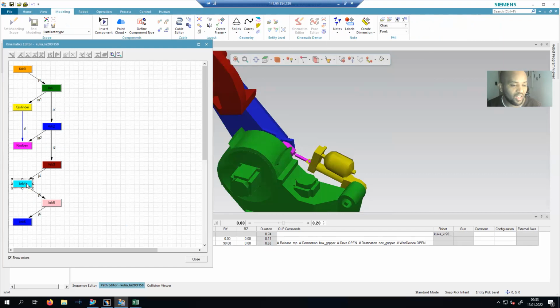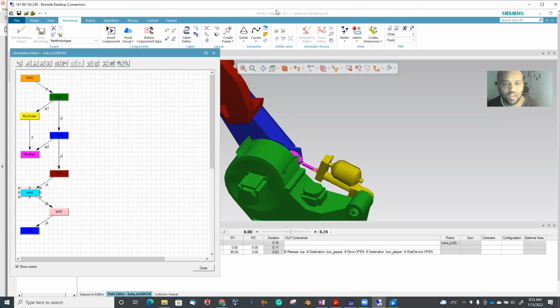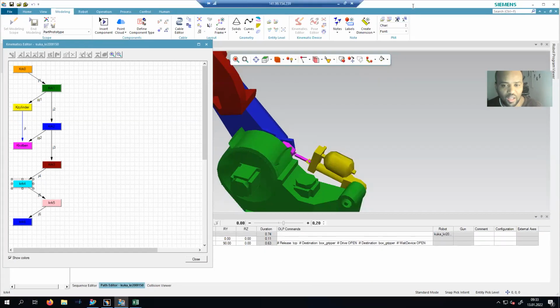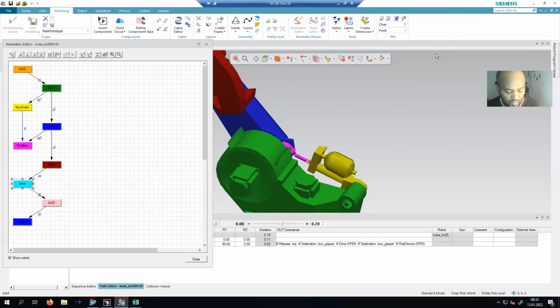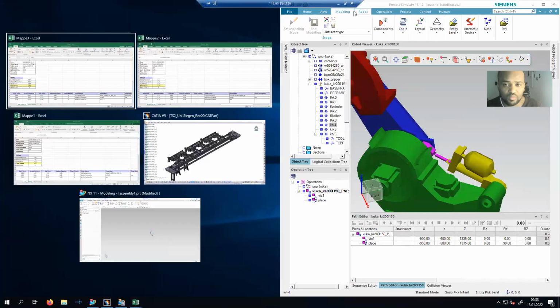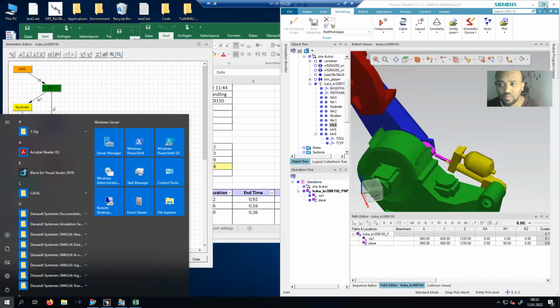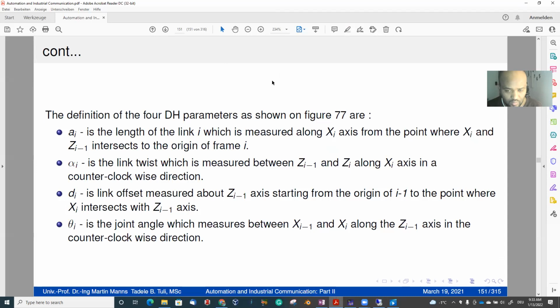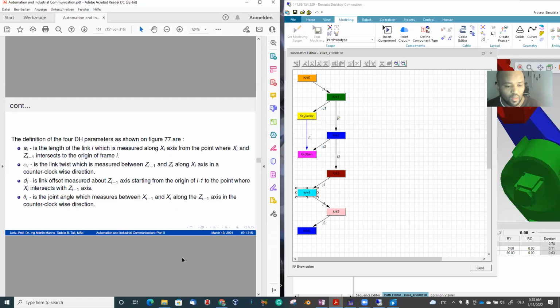Now assume KR4. For KR4, ai is the length of link i.